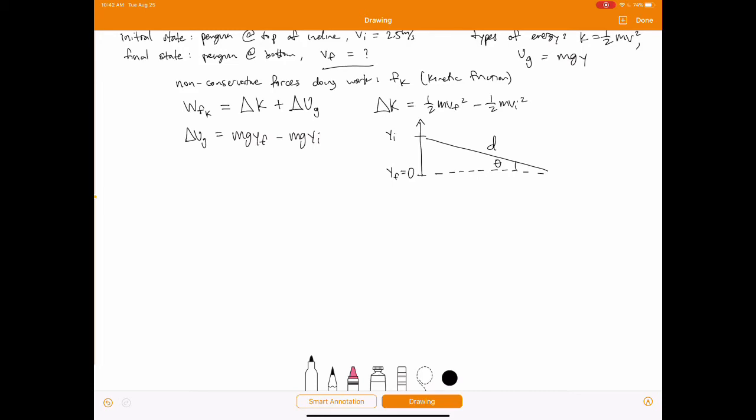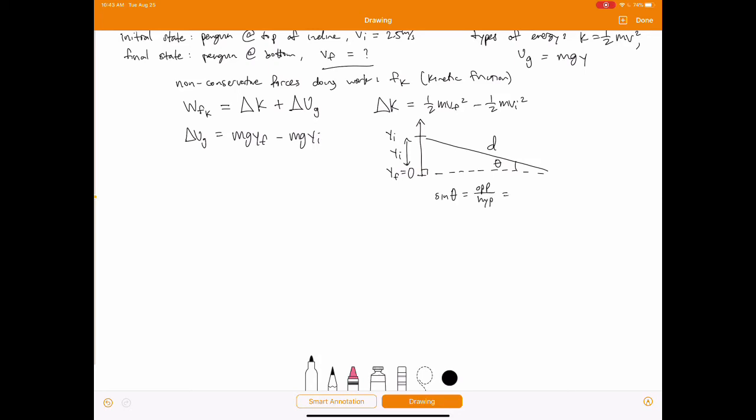And then we can ask the question, what's y initial in that case? Well, it's just a little bit of trigonometry. We have a right triangle here, and basically this side length is y initial. So if we use the definition of the sine function, remember sine is opposite over hypotenuse.